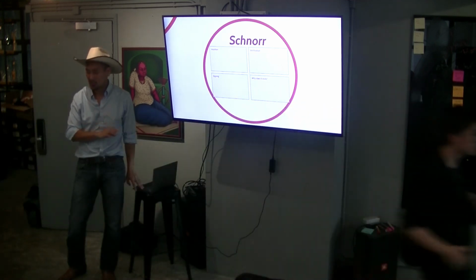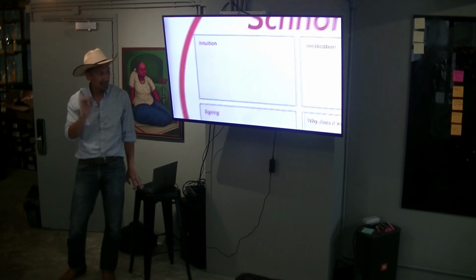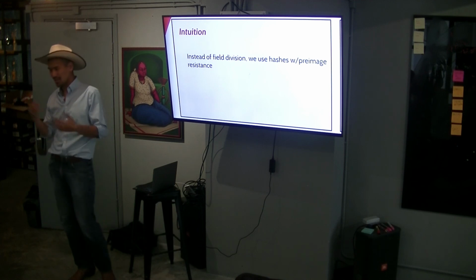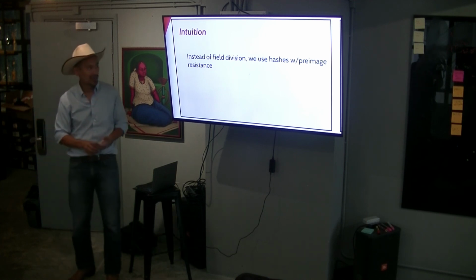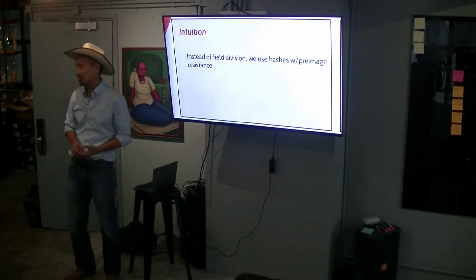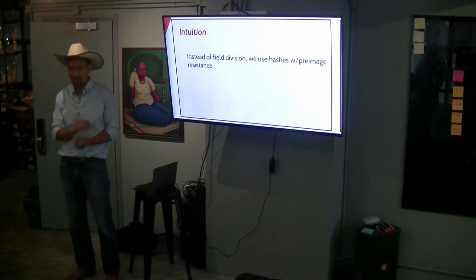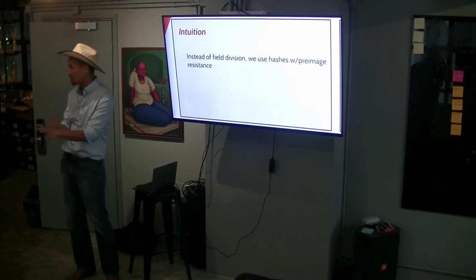Let's now talk about Schnorr, because Schnorr is very similar to ECDSA, except it's got a couple of differences. First, instead of using field division, which is a very expensive operation from a computing standpoint, we're going to use hashes, specifically hashes that have pre-image resistance. That just means that it's very difficult to figure out the pre-image of the hash.